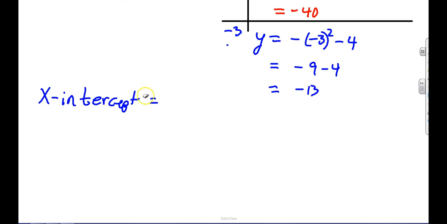Actually, it's right up against the page here. Let me just start on another page. I have had a little bit of practice. Okay, so x-intercepts. This is where the graph crosses the x-axis.